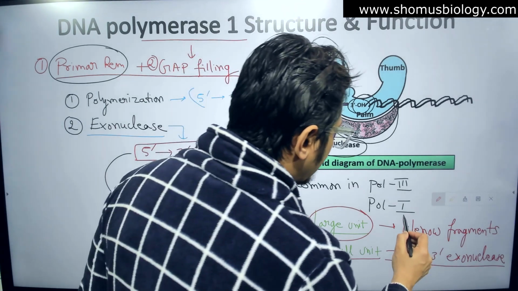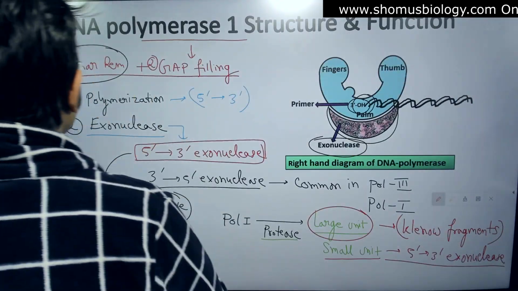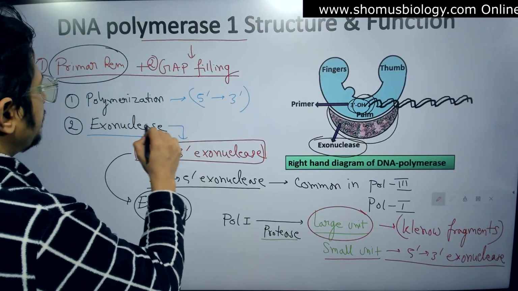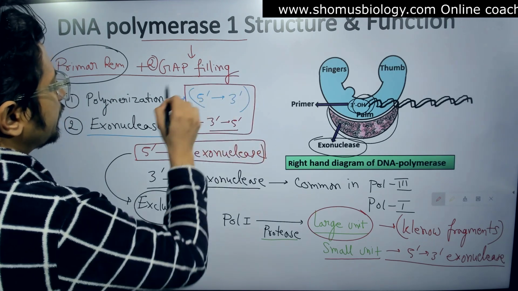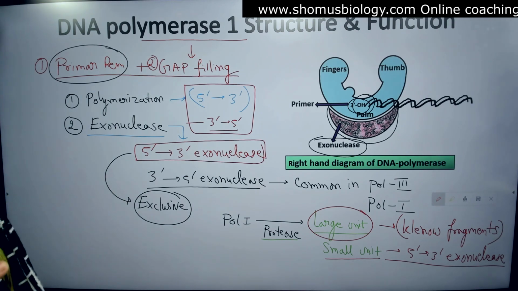So the Klenow fragment carries two features, polymerization 5' to 3' and exonuclease 3' to 5'.